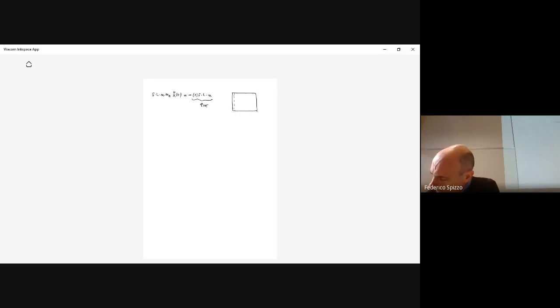So if we have a translation of the electronic cloud, the thickness of the slab is equal to the amount of the displacement. So if the displacement of the electronic cloud is x, the thickness of the slab is also equal to x. So this thickness here is x, because if the translation of the cloud is equal to x, then x is equal to the thickness of the positive and also of the negative slab.